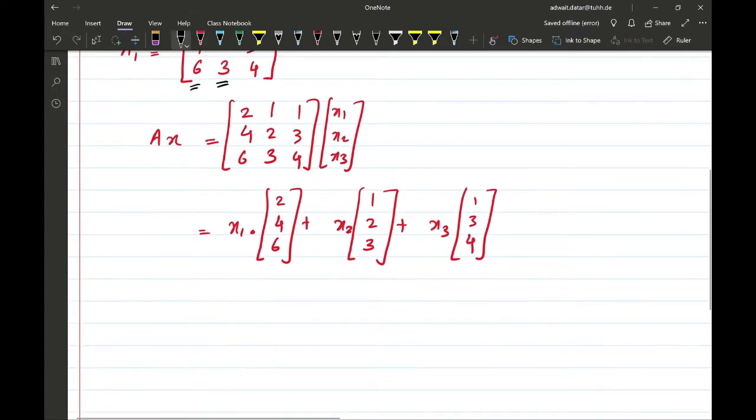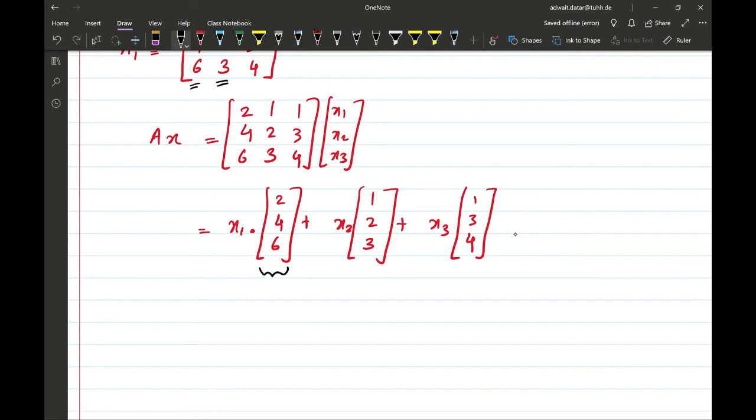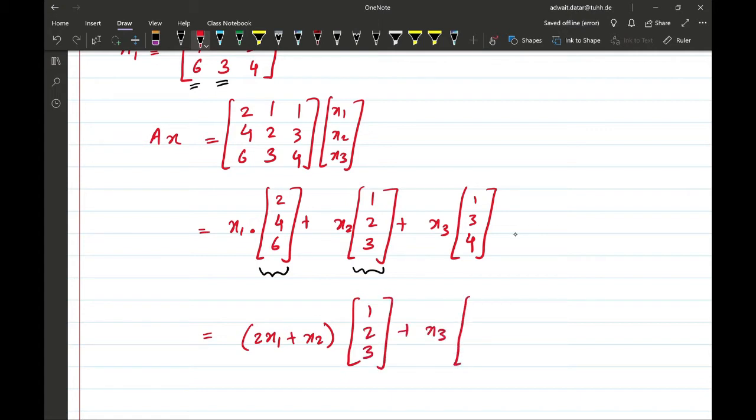Now because 246 is just 2 times 123, we can write this as 2x1 plus x2 times 123 plus x3 times 1 3 and 4.